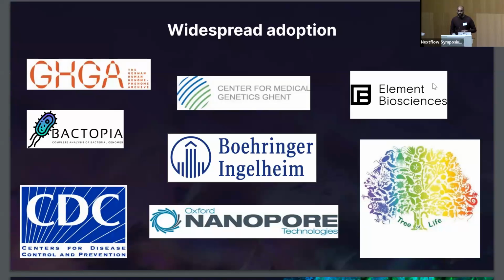There's a Tree of Life project here that we know is using nf-core components in their own implementations. ONT are using the schema that we developed on nf-core and various others. And Element Biosciences is also a massive advocate and quite heavily invested in the nf-core demultiplexing pipeline for their platform.